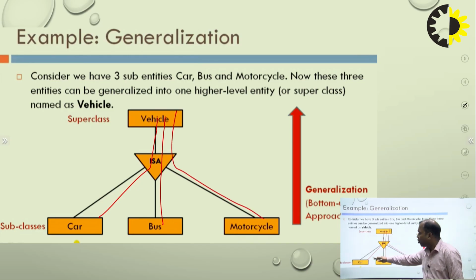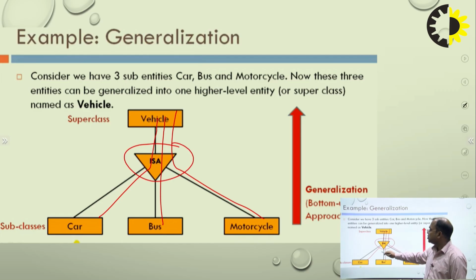So all these subclasses of vehicles are related through the generalization process. Car, bus, and motorcycle are generalized as a vehicle.